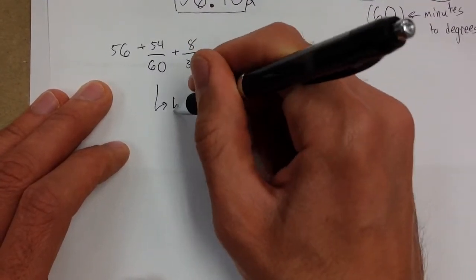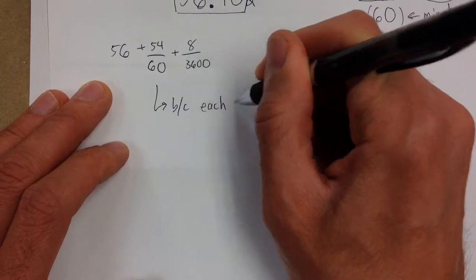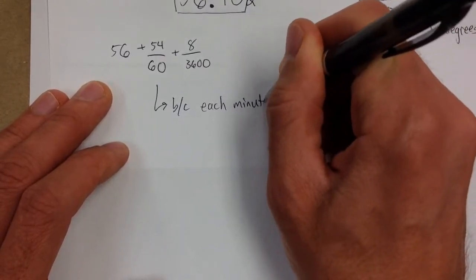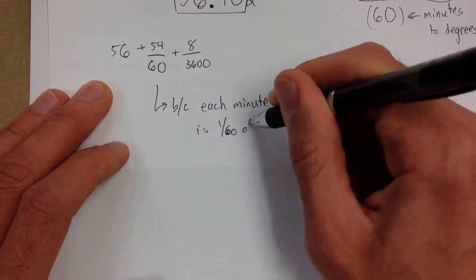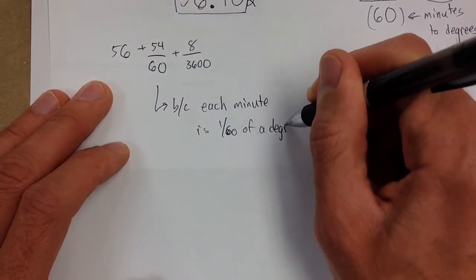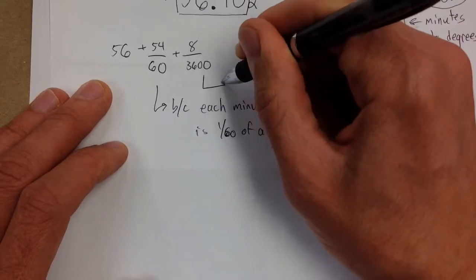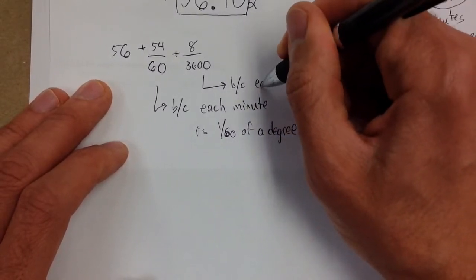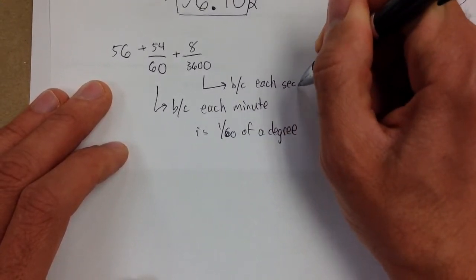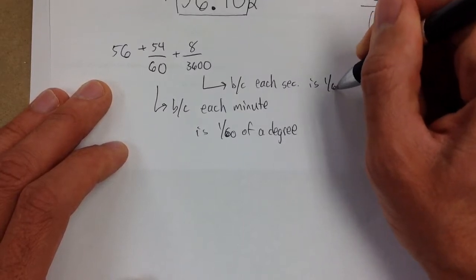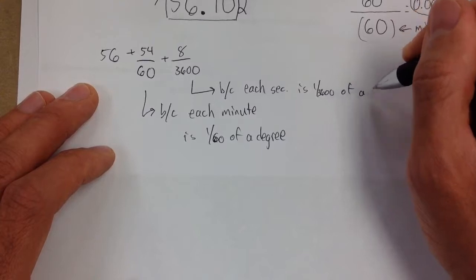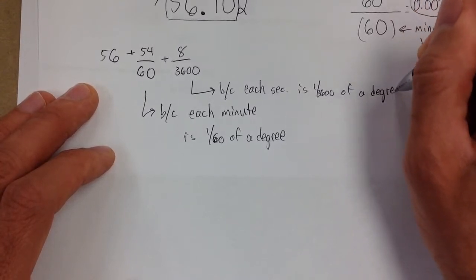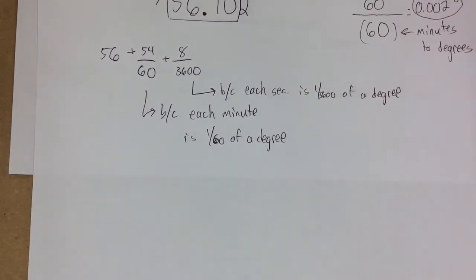And this is because each minute is 1/60th of a degree. And this one here is because each second is 1/3600th. Okay, any questions on 8?